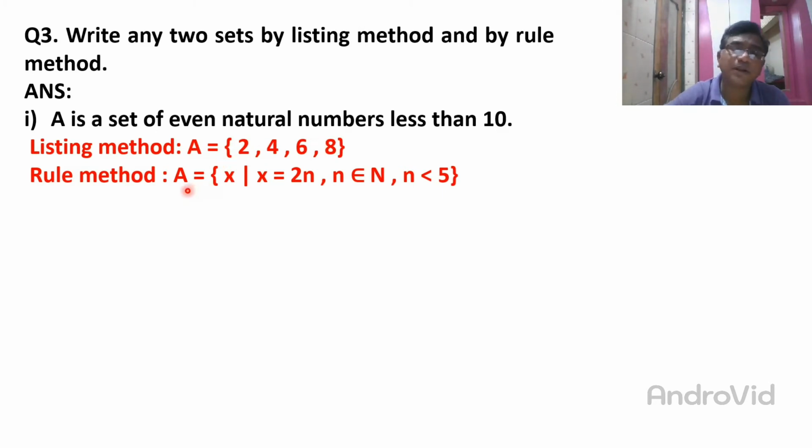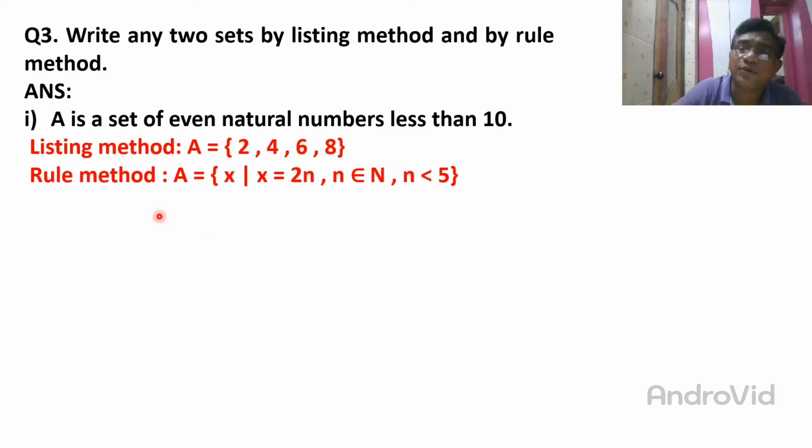And in the rule method we can write A is the set of x such that x is equal to 2n, n belongs to natural numbers. See, this is the belongs-to sign, belongs to natural numbers, and comma, natural number is smaller than 5. In this way we write the rule method.